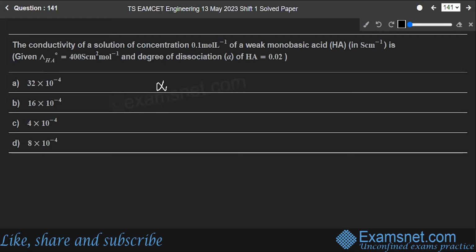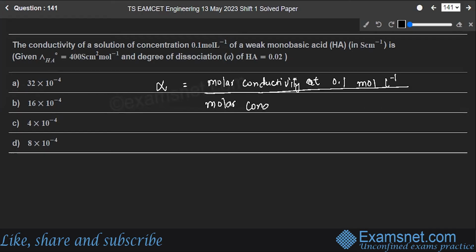The degree of dissociation is given by the molar conductivity of the solution at the given concentration of 0.1 mole per liter, divided by the molar conductivity at infinite dilution.